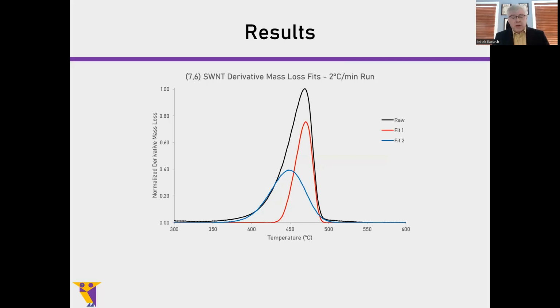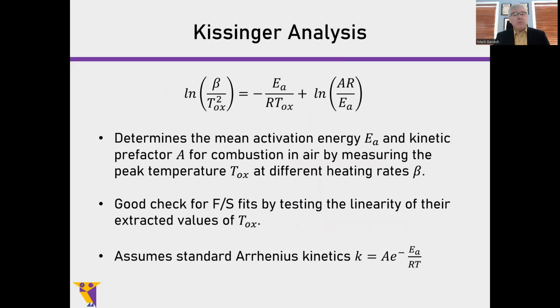And we can extract these Fraser-Suzuki functions, and then we can apply Kissinger analysis. Kissinger analysis is a standard TGA equation used to extract out the activation energy for combustion and the highest point at which the combustion occurs. We also get the kinetic prefactor. It's very straightforward, very simple, and it assumes your standard kinetics.